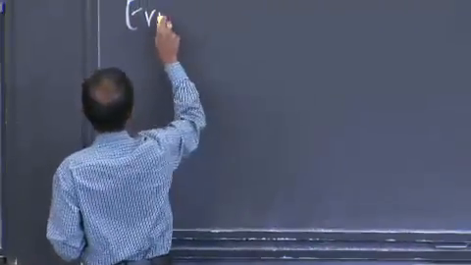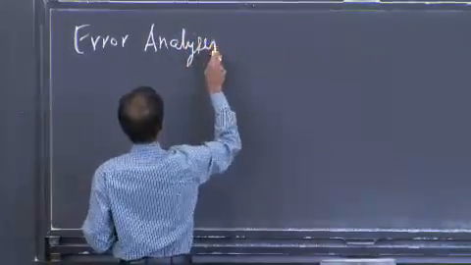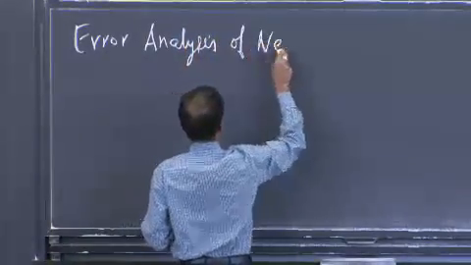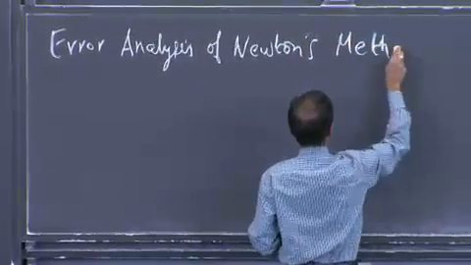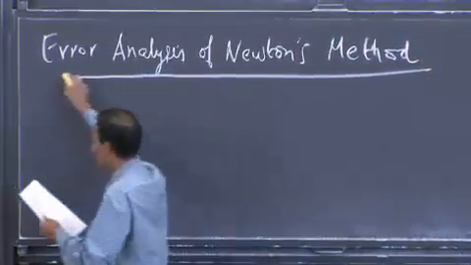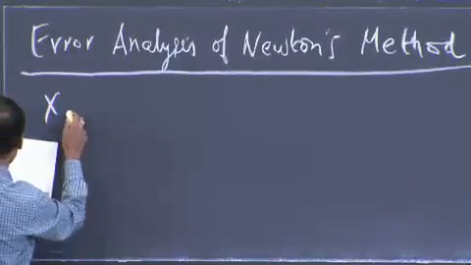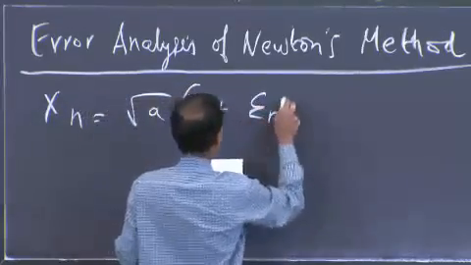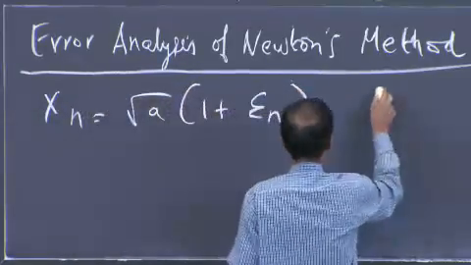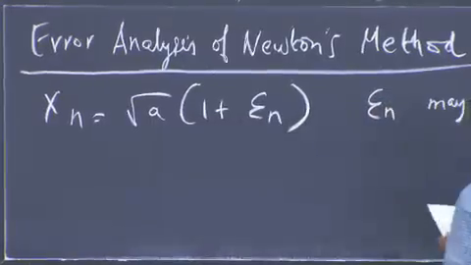You can think of this as doing an error analysis of Newton's method. And let's say that xn equals the square root of a times (1 plus epsilon n), where epsilon may be positive or negative.